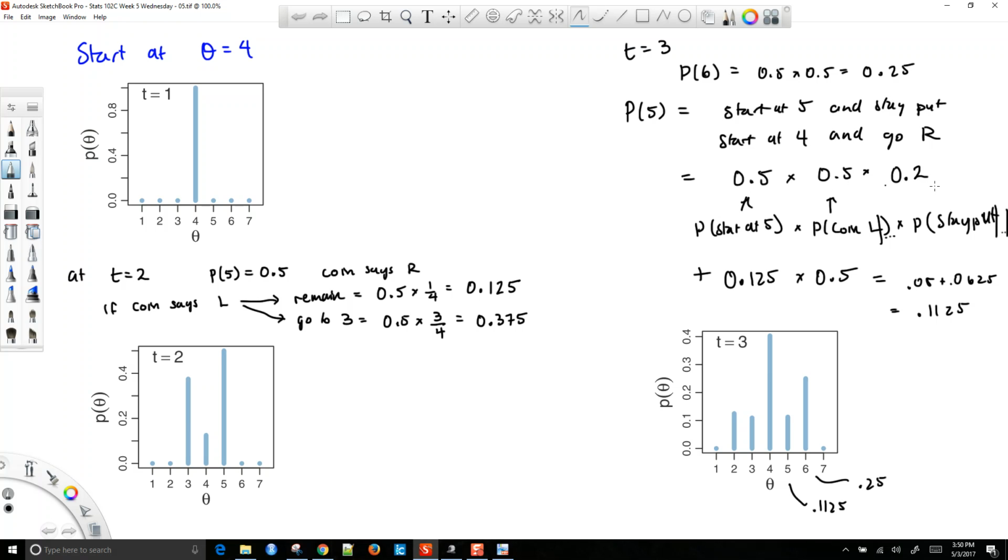Starting at 5 and remaining at 5 means I had to start at 5, flip a coin that says go left, and then draw my probability and end up staying put, and that happens only with probability 0.2. The other one is that I started at 4 and ended up going to the right, which is 0.125 times 0.5. And that's just for 2 of these; we could do the calculations for all of the other ones. It's kind of tedious, but with a computer we can do it easily.